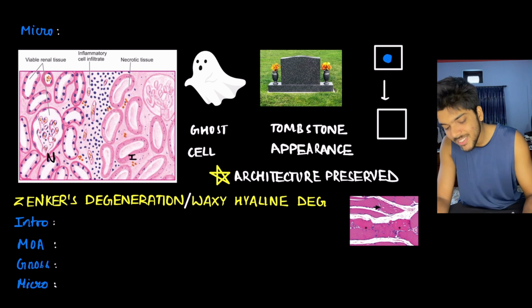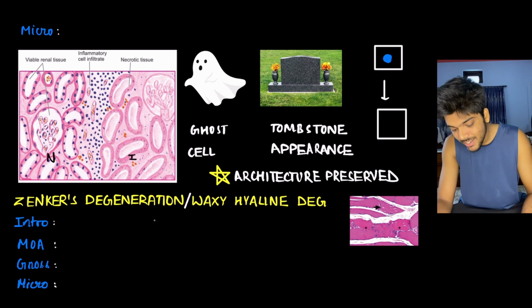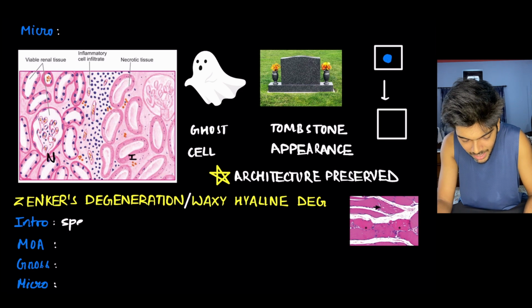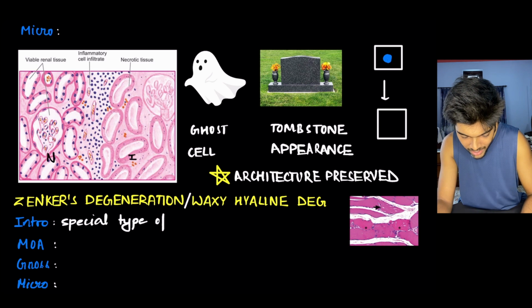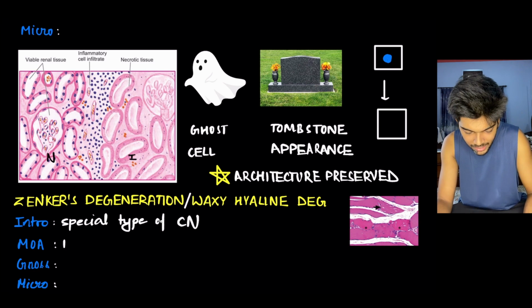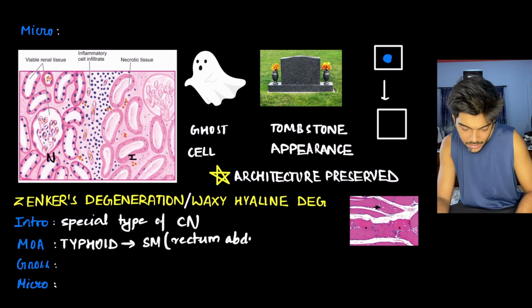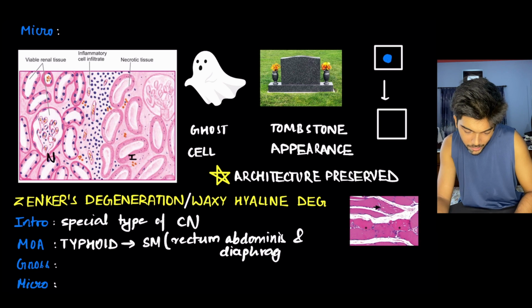Okay, Zenker's degeneration. Zenker's degeneration, also called waxy hyaline degeneration, is nothing but a special type of coagulative necrosis. Special because it is seen during typhoid and it is seen in skeletal muscle, more specifically your abdominal muscle, rectus abdominis, and diaphragmatic muscle.